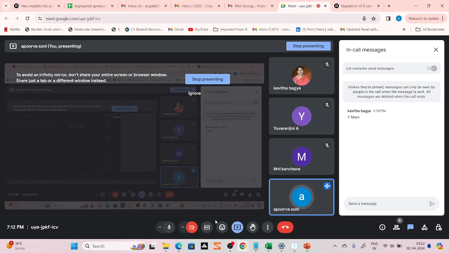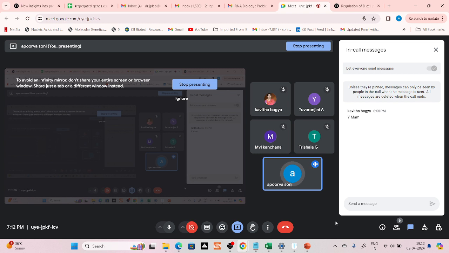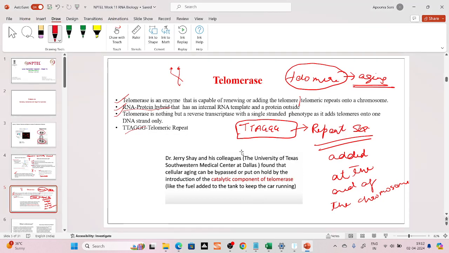Because many kinds of cells are not replicating enough to maintain the self-renewing property of the skin. Many of the skin cells are unable to do that. That means the telomeres are gradually getting shortened, and because of that, the skin cells are not able to divide. So that is why the age of a cell depends on the telomeres.